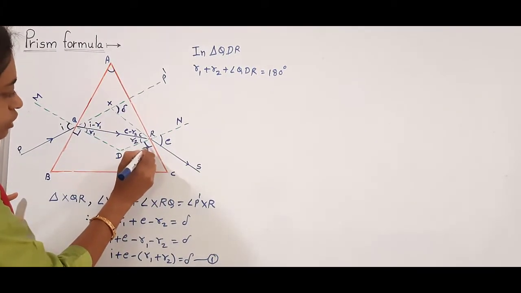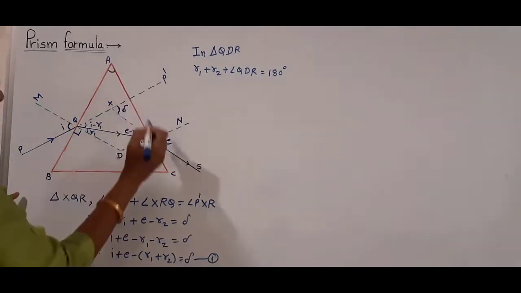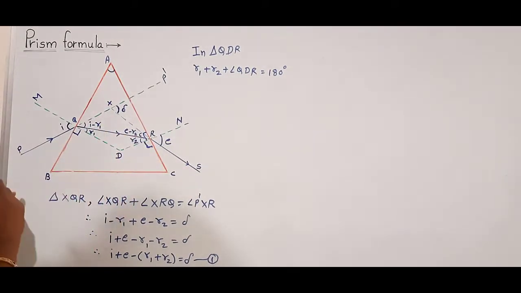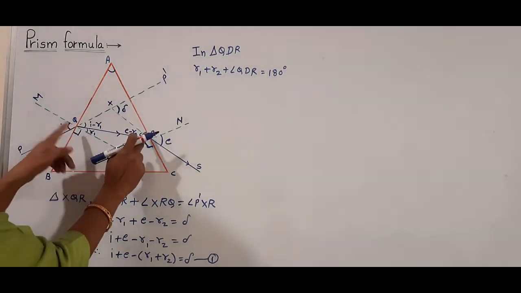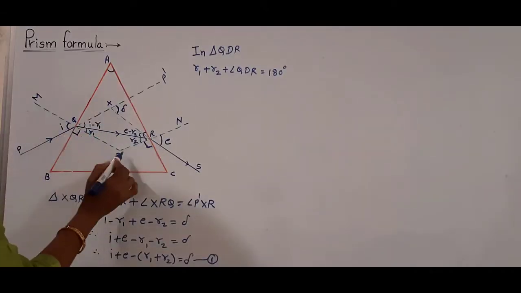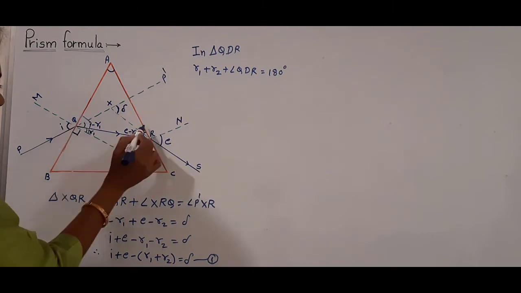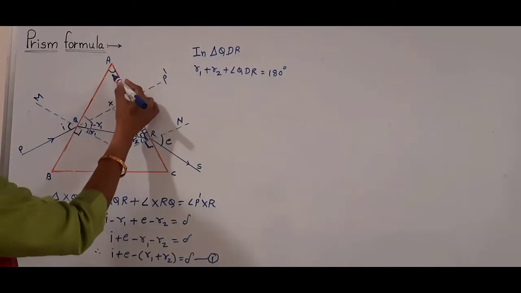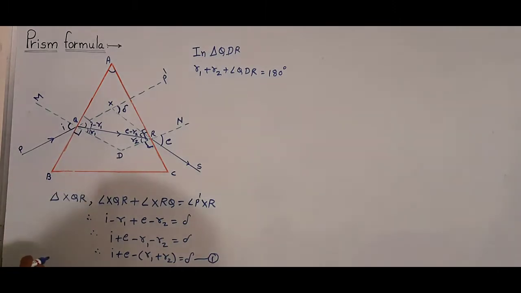Therefore, this is perpendicular and therefore angle ARD is also 90 degrees. And in a cyclic quadrilateral, as these two angles, angle AQD and angle ARD, are 90 degrees, the addition of both is 180 degrees. Therefore, the addition of angle A and angle QDR should be 180 degrees.